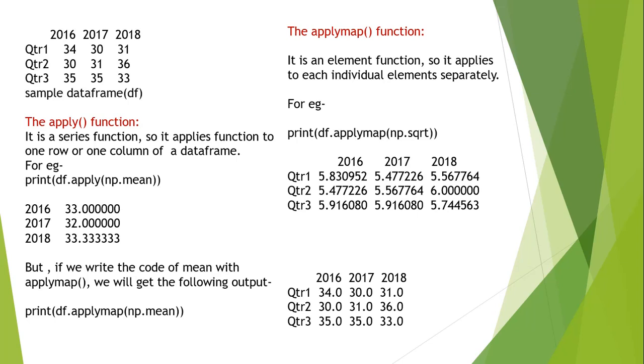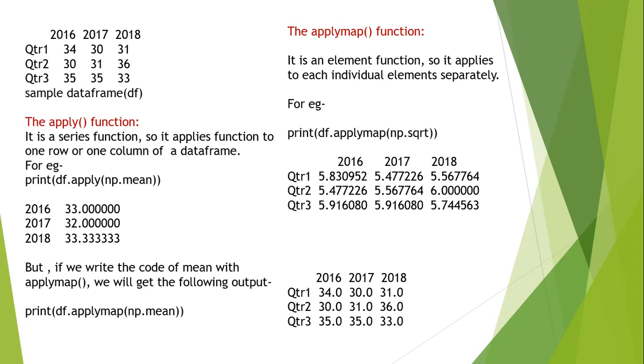Now what is the problem here? When we apply the apply map function on the data frame, we have already discussed that apply map applies to each individual element. Since we have to take out the mean, the mean has been taken for each element.